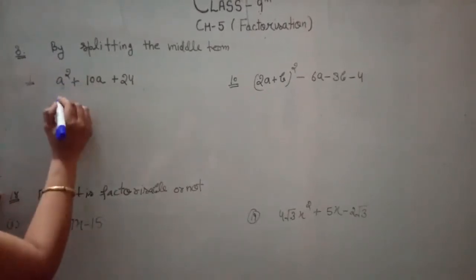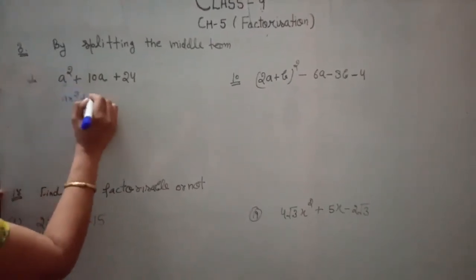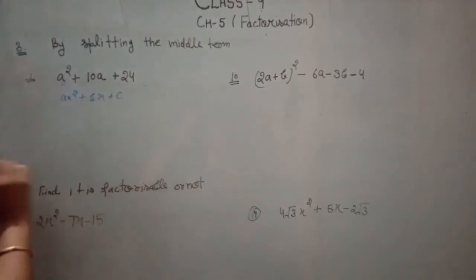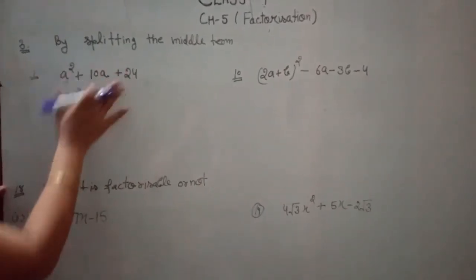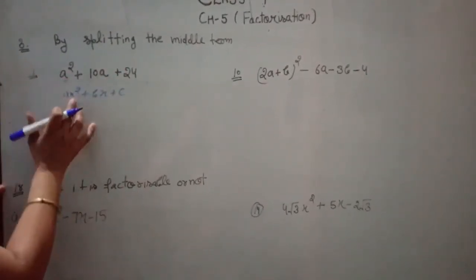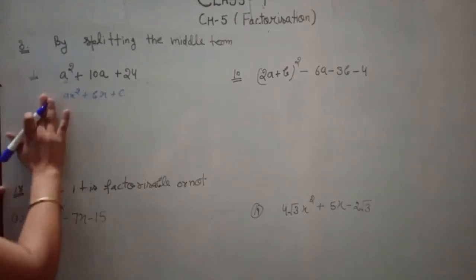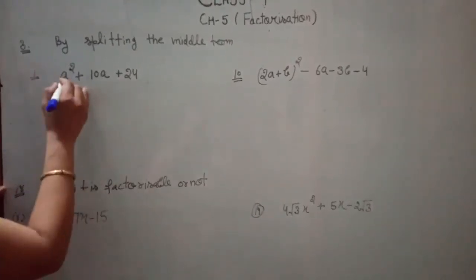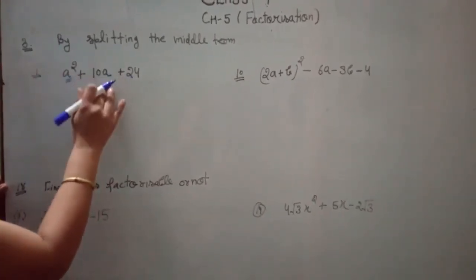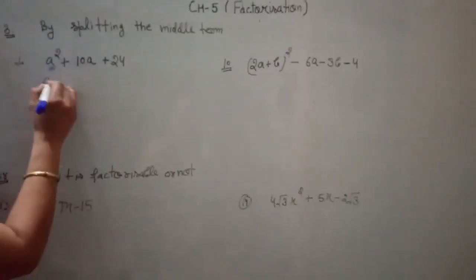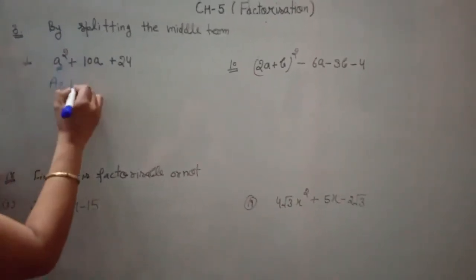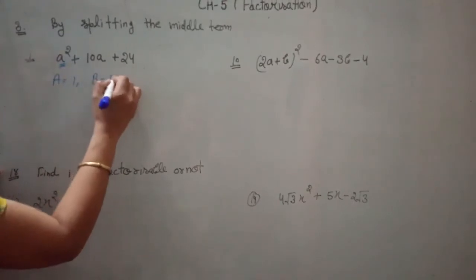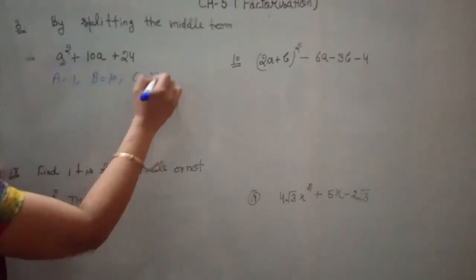Then this is in the form ax square plus bx plus c. Then we compare this. The coefficient of x square, but there is variable a. Then we take this expression in variable a. Then we take capital A equal to 1, B equal to 10 and C equal to 24.